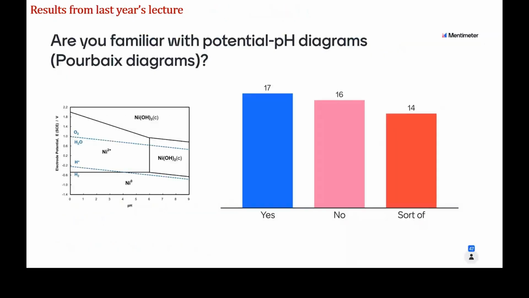So they're really important. From last year, I'm quite comfortable that I can talk about potential pH diagrams, because the responses showed that generally there is sufficient knowledge of what potential pH diagrams are to understand what I'm about to show.